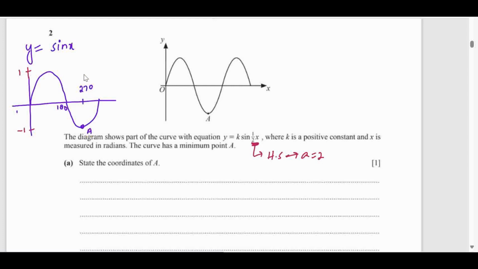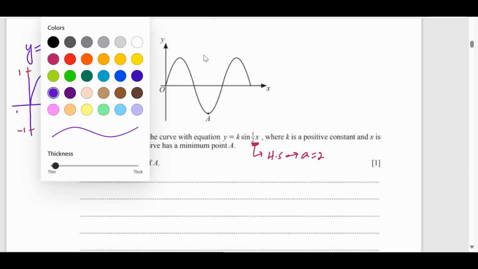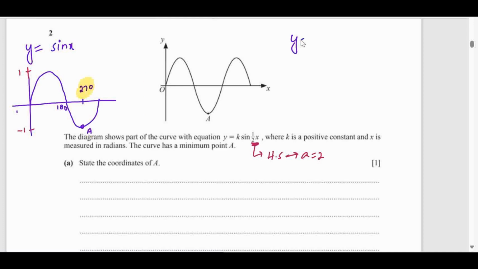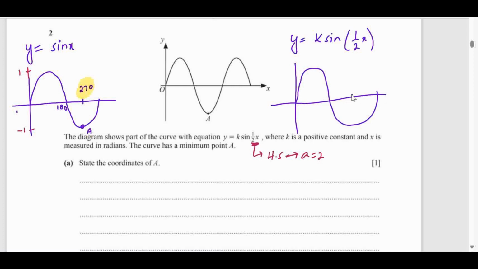For example, the point at 270 will be shifted to 540. So the graph for y is equal to k times sine of 1 by 2x will be just like this one, and this point will be at 540.